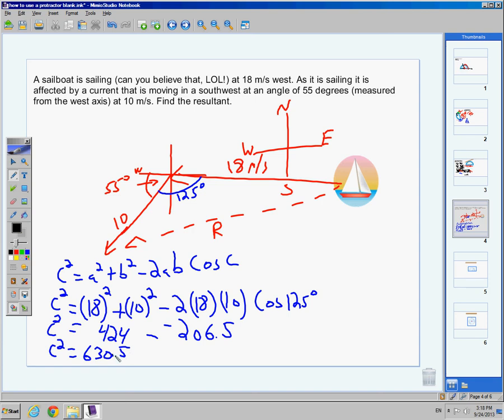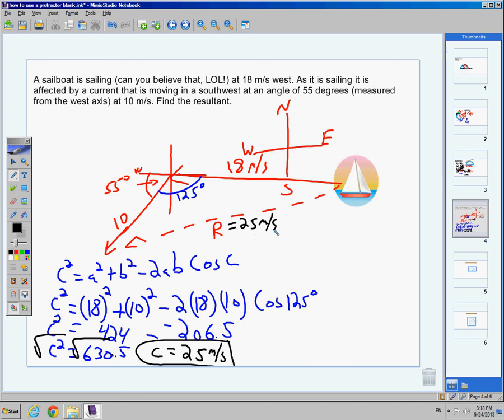I'm going to square root, and I'm going to get C equals 25. And that is going to be meters per second. All right, so I have R equals 25 meters per second.